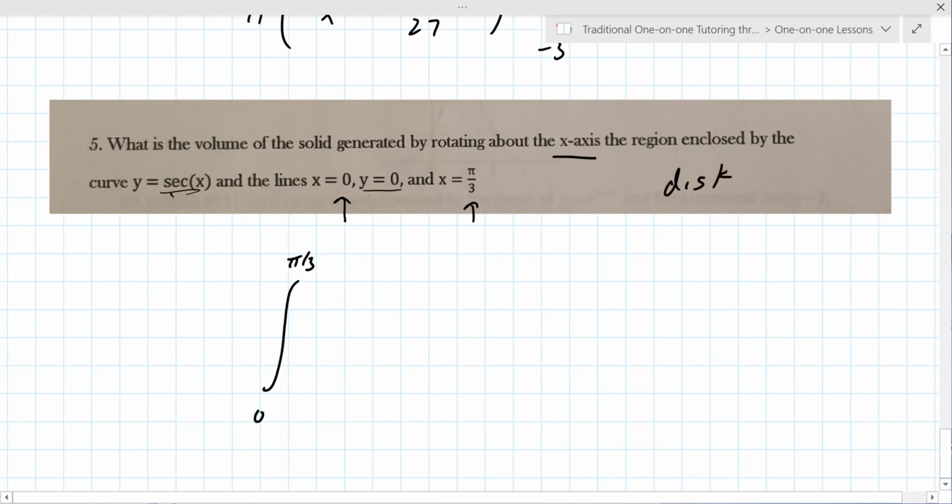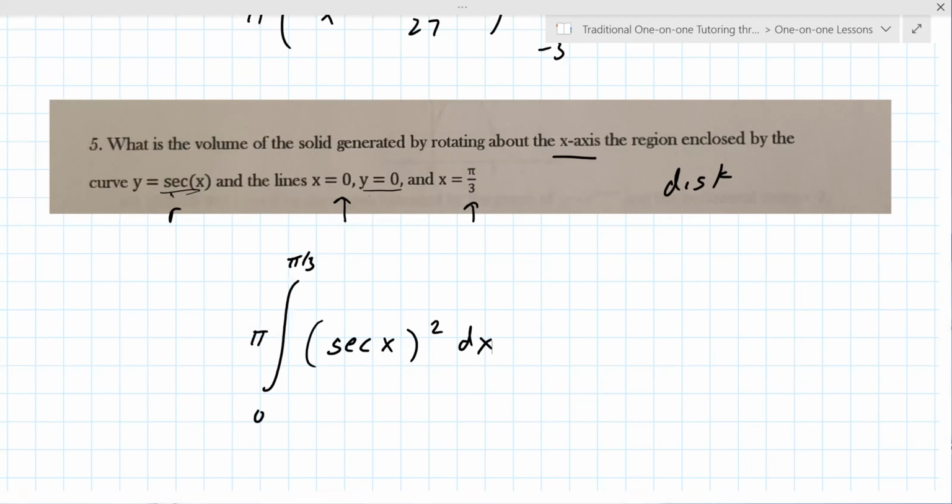It's generally when you have two functions that you get a washer. Okay, so the setup here is pi r squared. Your r is the secant, squared dx, like this.